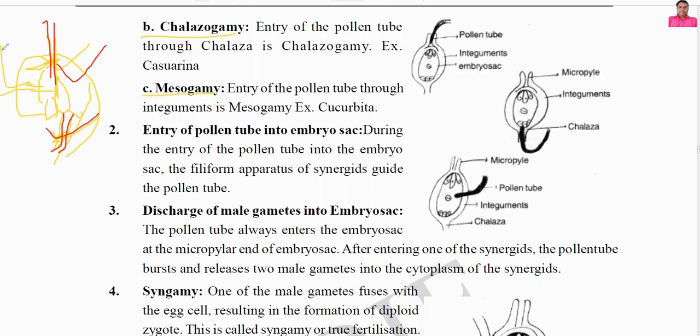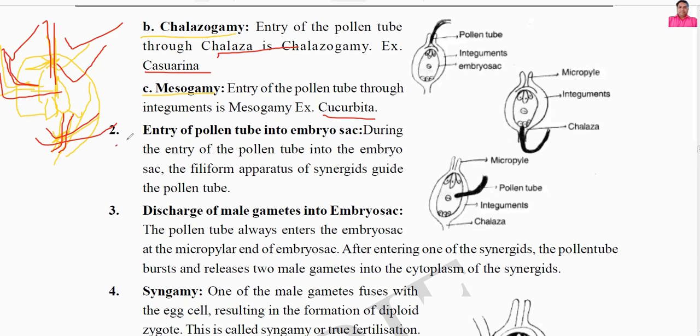If it enters through the integuments of the ovule, it is called mesogamy, example cucurbita. You should write and remember the examples also. Most important, this question often comes.